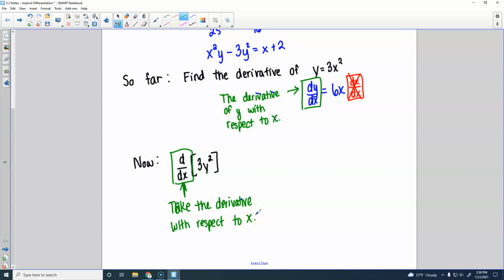Now the problem is we've seen d over dx a lot. I basically told you it just means take the derivative of this stuff, and we haven't thought about anything except that it just means to take the derivative.